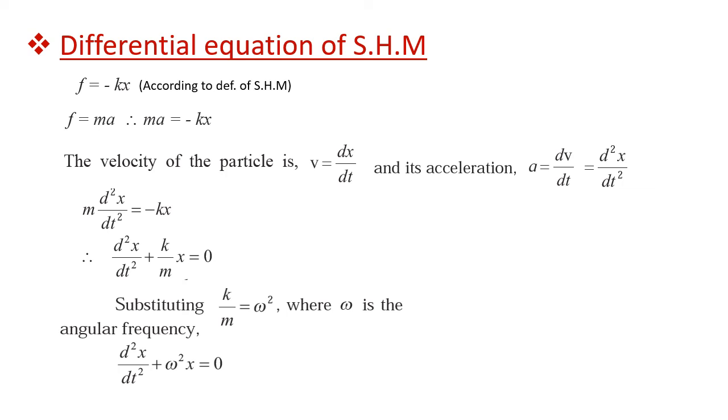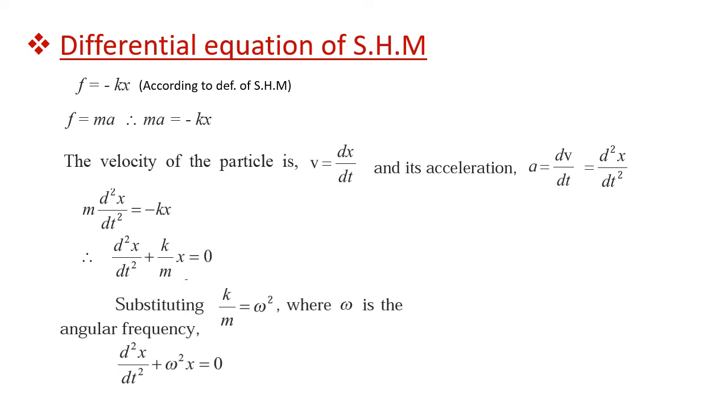Now substitute k upon m as omega square, where omega is the angular frequency. So we can write the equation as d2x upon dt square plus omega square x equal to 0, or d2x upon dt square is equal to minus omega square x.